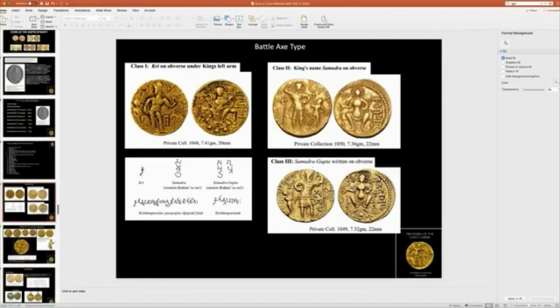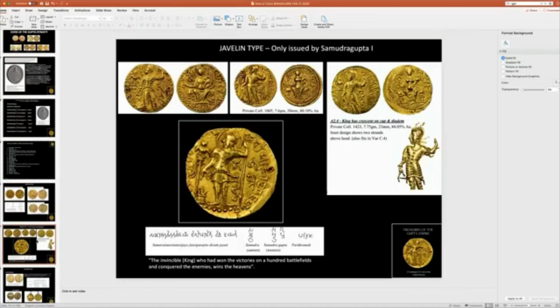All right, moving along, we come to the javelin type. Now, the javelin type is another coin issued during his militaristic phase, a time when he was expanding his empire. The reason I chose this specific coin for the cover of my book was because I wanted everybody to understand how beautiful their design skills were.